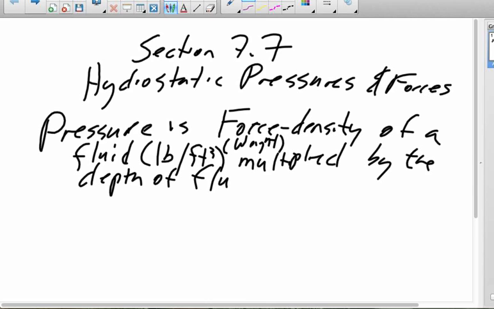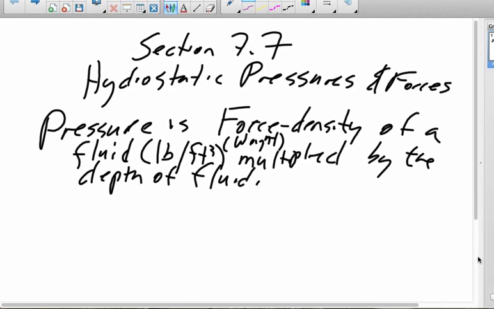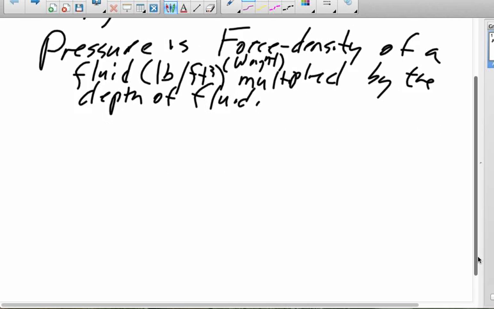Okay, and you have actually had some real world experiences with hydrostatic pressure. First example I'm going to talk about is basically atmospheric pressure, because this works for a lot of gases too.